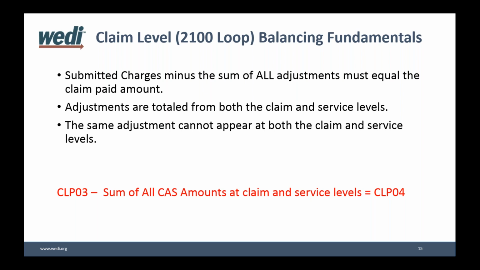And again, very important that the same adjustment cannot appear at both the claim and service level. This happens a lot, so we wanted to really reiterate this as we went through the presentation. So when we're talking about the CLP03, it's the sum of all CAS segments at the claim level and service levels equal the CLP04. Okay, next slide.